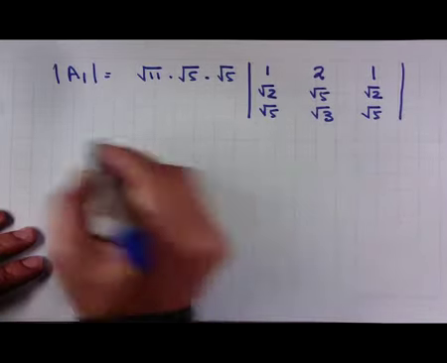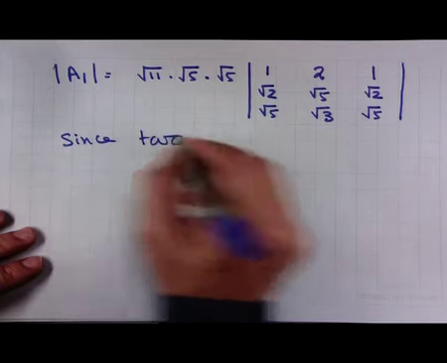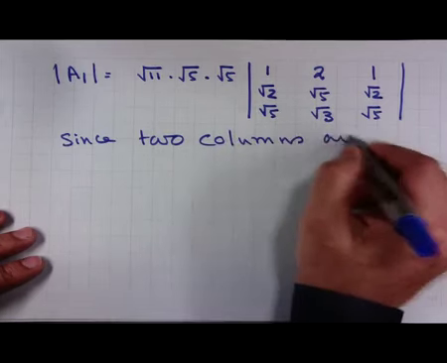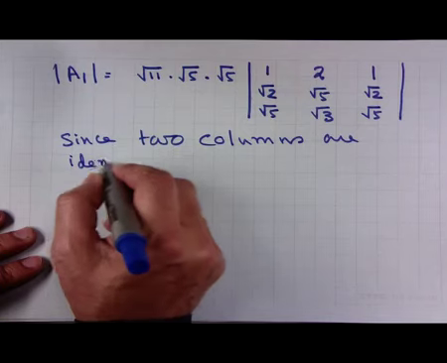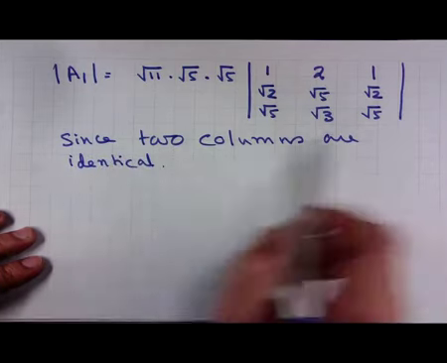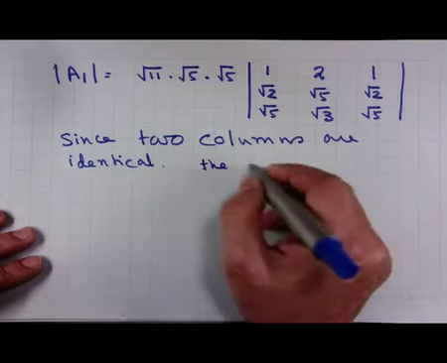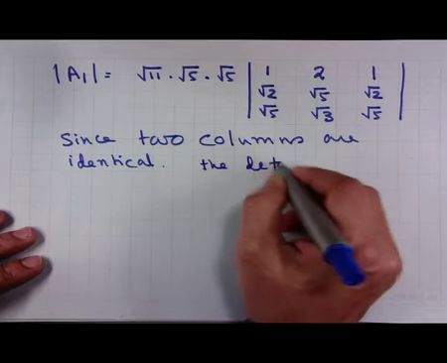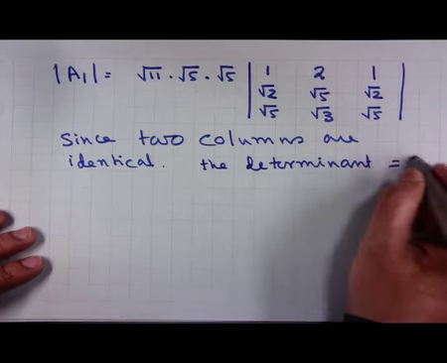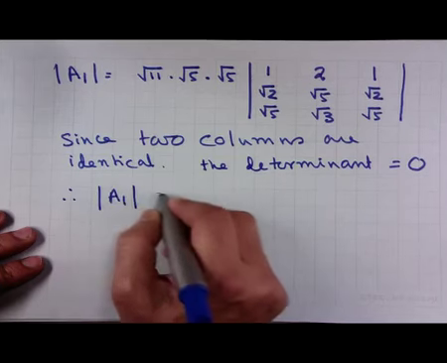Now, looking at this matrix, since two rows are identical, we know that the determinant is going to be 0. Therefore, determinant of A1 is equal to 0.